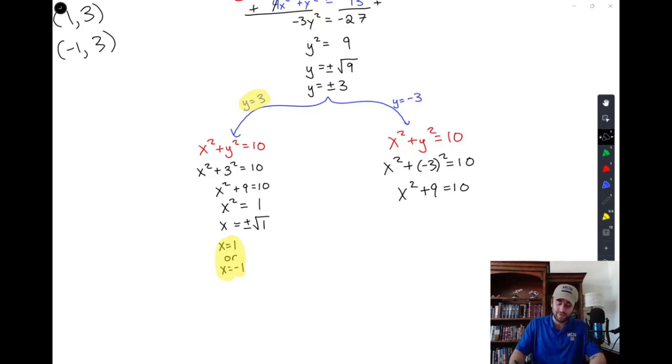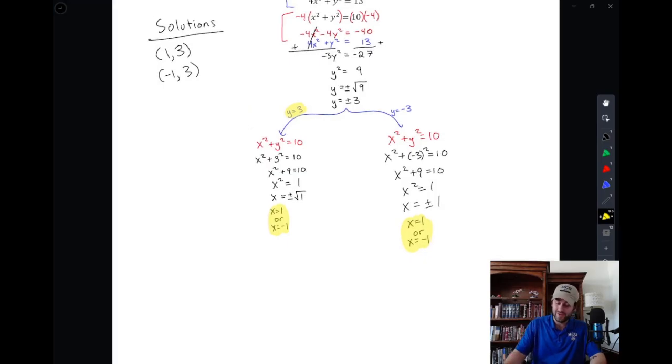And so if we keep going, we get x squared equals 1, x equals plus or minus 1, which means x equals 1 or x equals minus 1. And so we have all combinations of 1 and 3 happening. So we also have 1 comma negative 3 and negative 1 comma negative 3 from those cases where we had the two y values, and for each of those y values we had two possible x values.